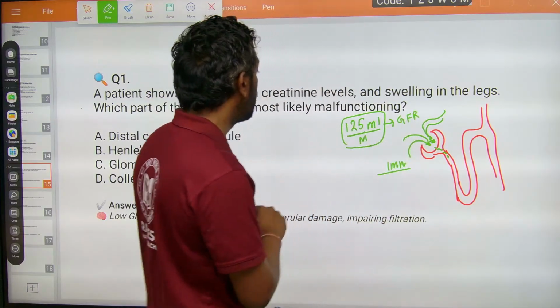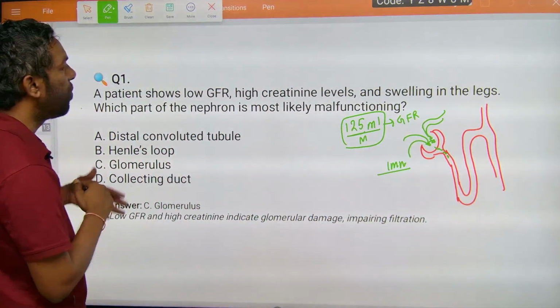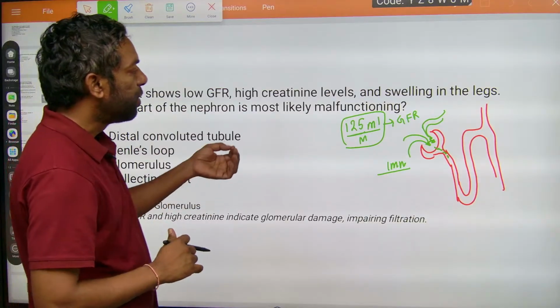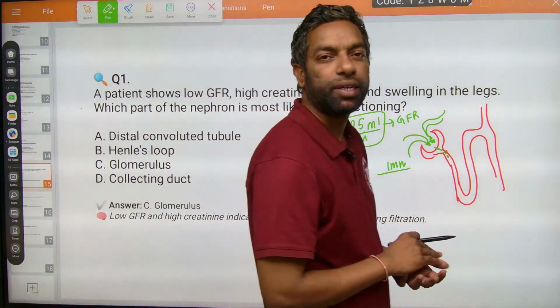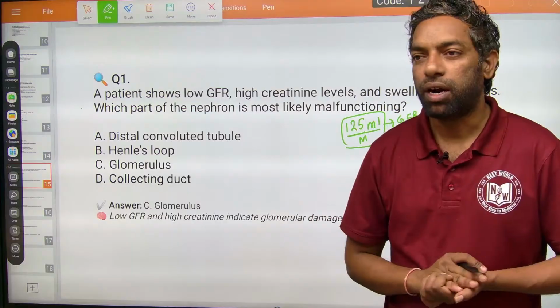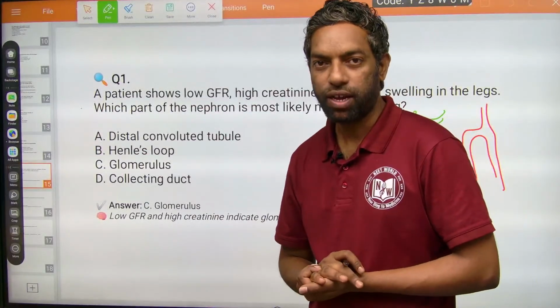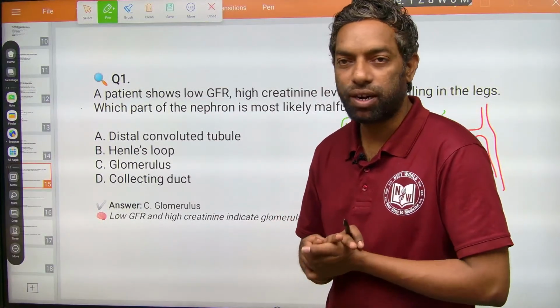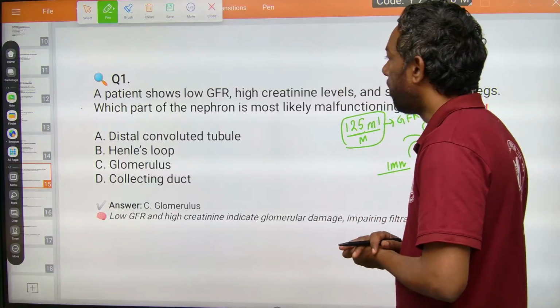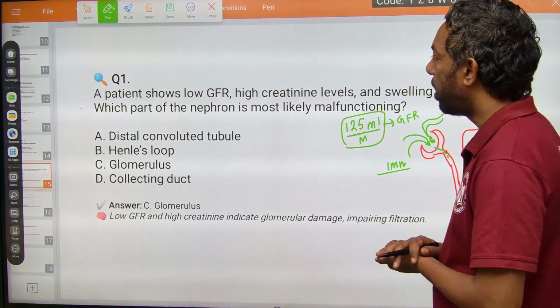If it is not that much, what happens? It means if there is no filtration, the body is going to swell, because the fluid is not excreted. So in this condition, what happened?